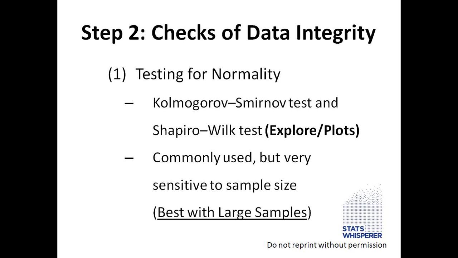Large means thousands and thousands of people. So if you have a sample of 200 or 100 or 50 and you use these tests, they're very likely to say the sample is non-normal, when it might be acceptably normal by another valid criterion, which we'll look at after this.